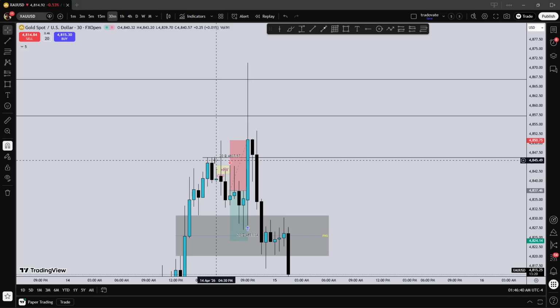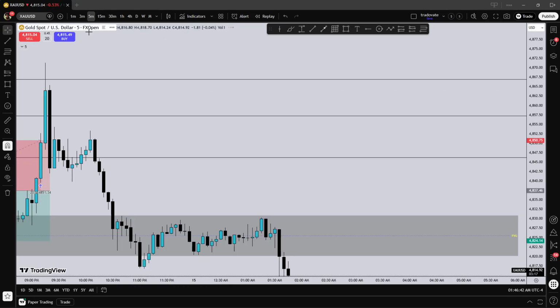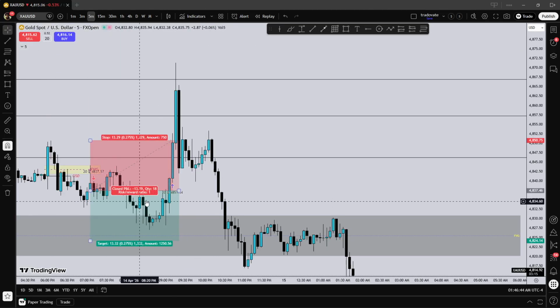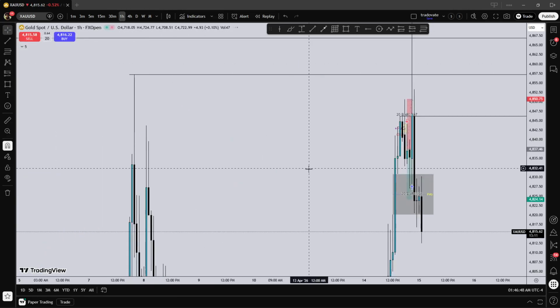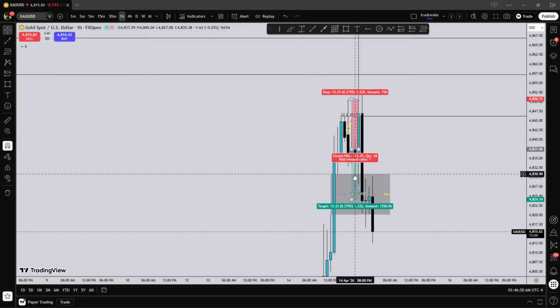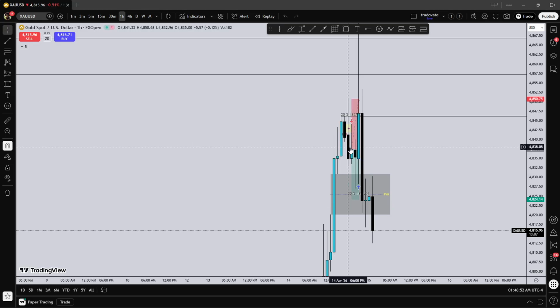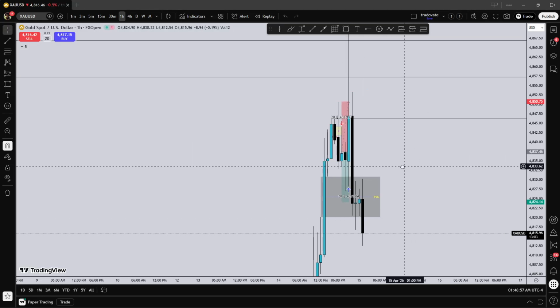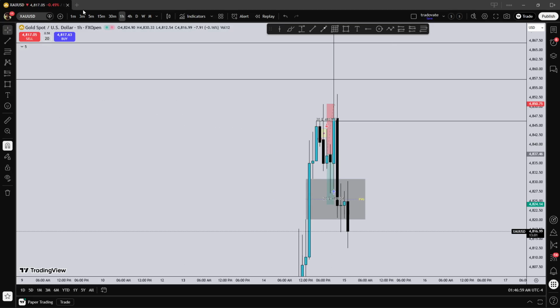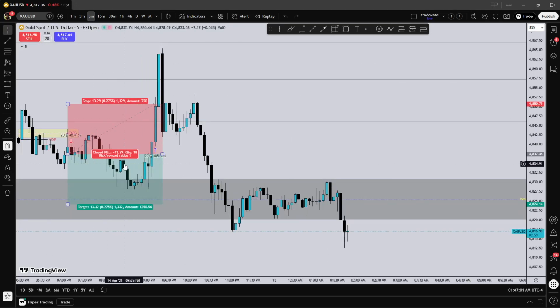What actually happened is that price generated this liquidity right here, tapped into the 1 hour fair value gap with a sweeping liquidity on the close at 8 o'clock, and then proceeding at 9 o'clock you get an expansion higher.